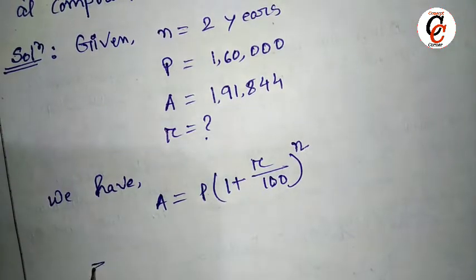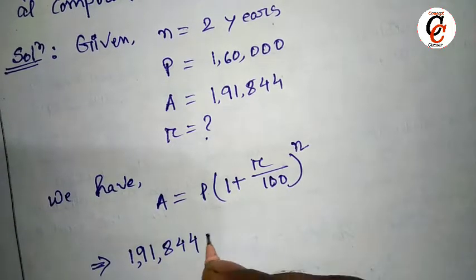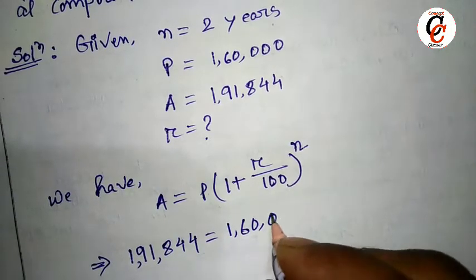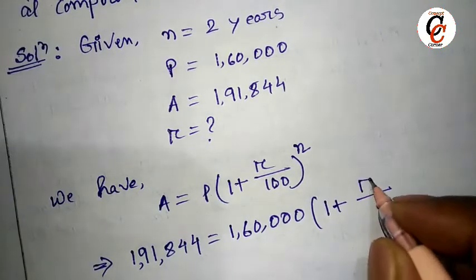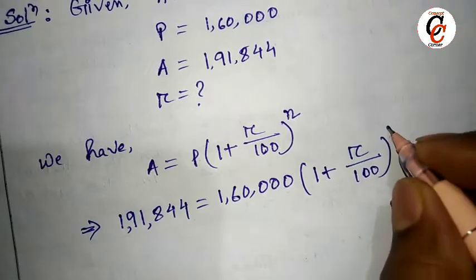So here what are the values given? A is given, 1,91,844, P is given, 1,60,000, and the rate is not given, so the rate will remain the same, r by 100, and n is given, 2.